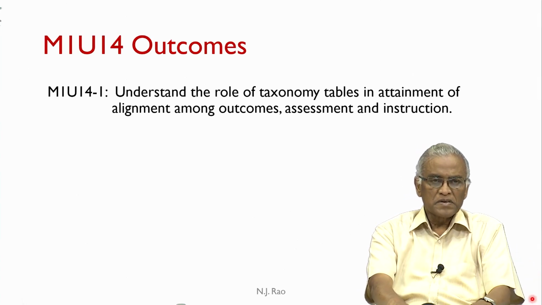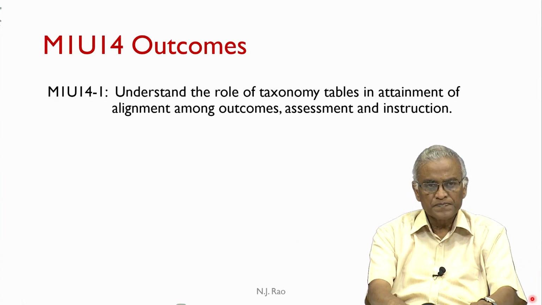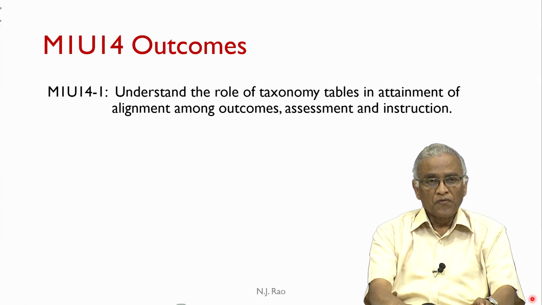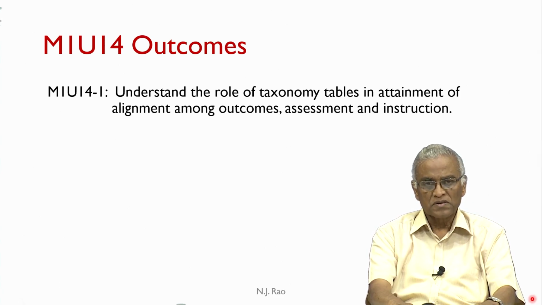And now in the present unit related to taxonomy table, we try to understand the role of taxonomy tables in attainment of alignment among outcomes, assessment and instruction. As we always noted, there are three elements in any teaching learning process.